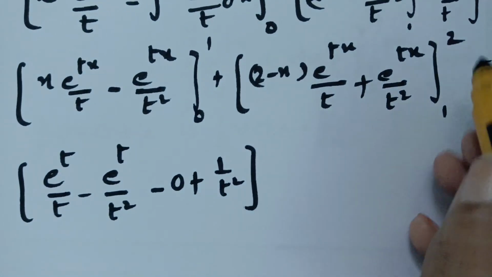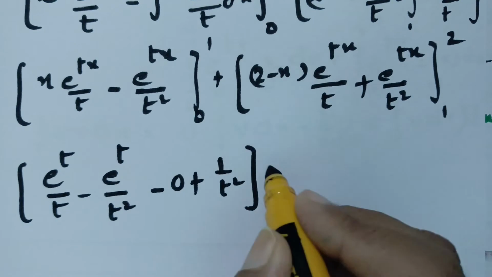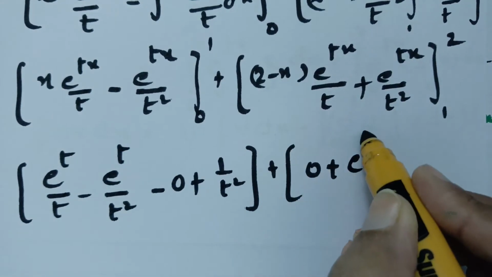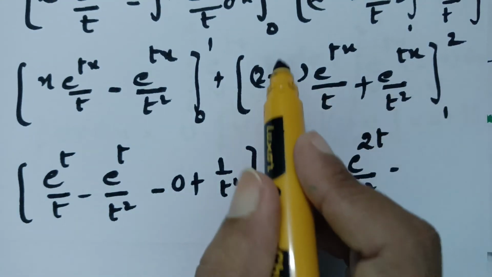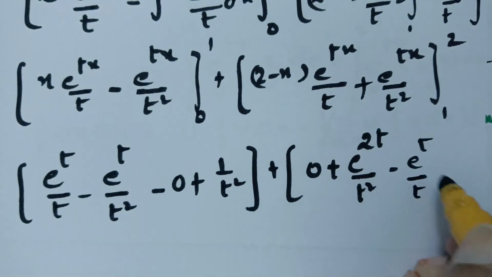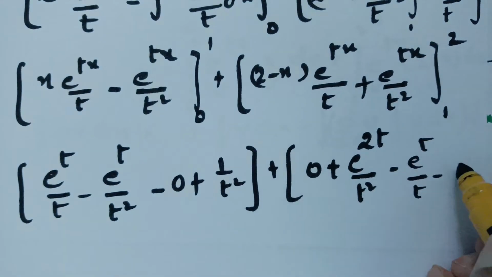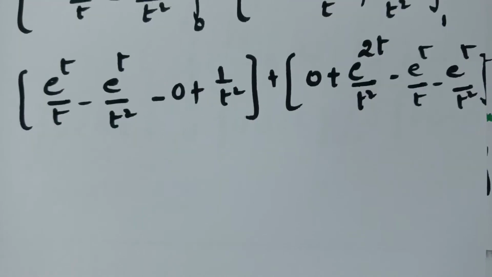Now coming to this one, if I keep 2 as an upper limit, this is 2 minus 2, 0, so the first term is 0. Next, e power 2t by t square minus, if I keep 1 here, 2 minus 1 is 1, that is e power t by t, minus e power t by t square.